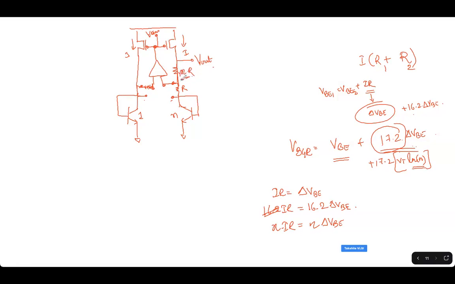Let's say I'll put it as mr, just to make sure, as there is already another n that I've used. So this ln n is also an important parameter. Depending on ln n, you can choose n to be a bigger value, 100, 200, 300, any value, so that you get some relaxation with respect to the resistor scaling as well. The overall scaling has to be 17.2.